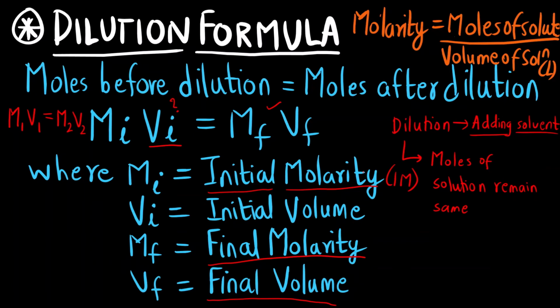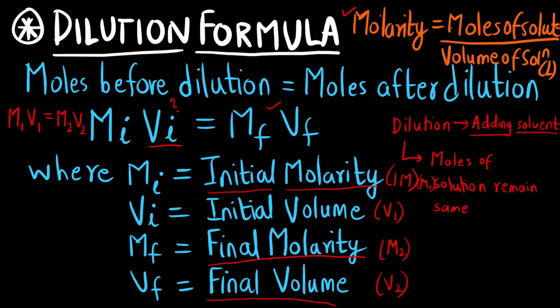Mi can also be written as M1, initial volume is V1, final molarity is M2, and final volume is V2. Now let us understand how we get this formula.